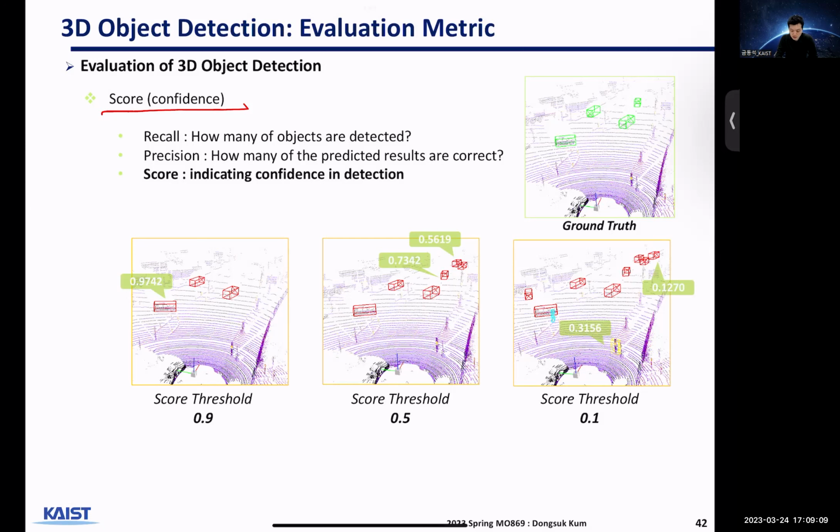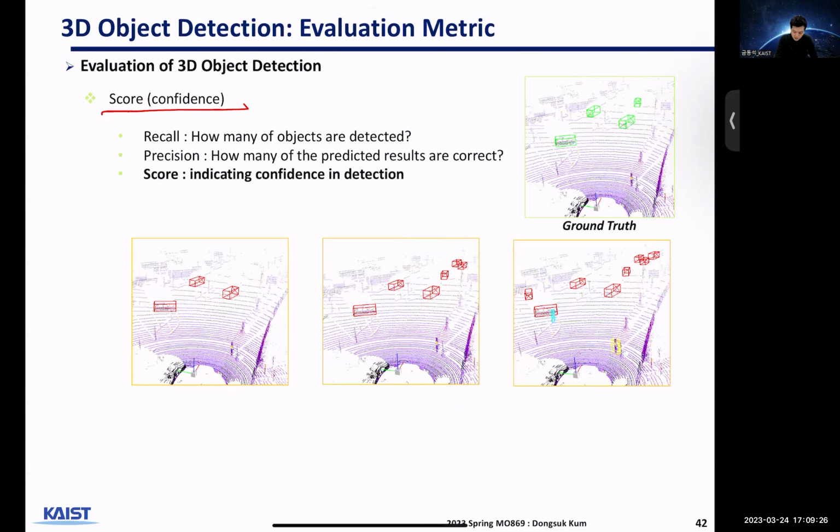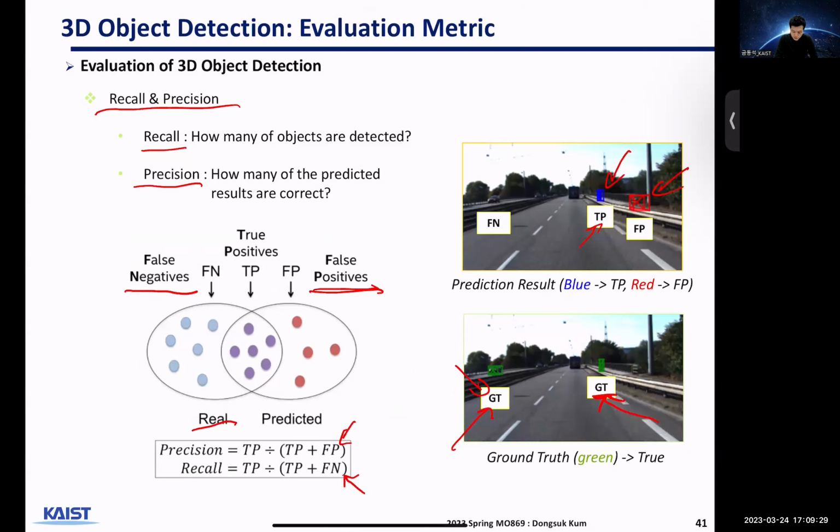So you see many boxes, and it's likely that your recall will improve, but precision will decrease, meaning that there is less chance that you are going to miss detecting an object, GT, but it's highly likely that you have more detected results that are false positives.